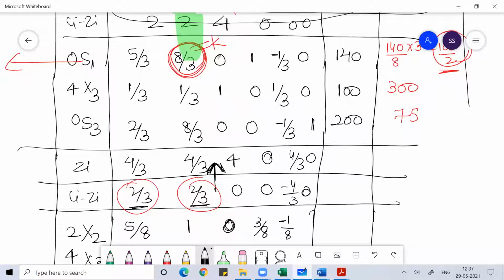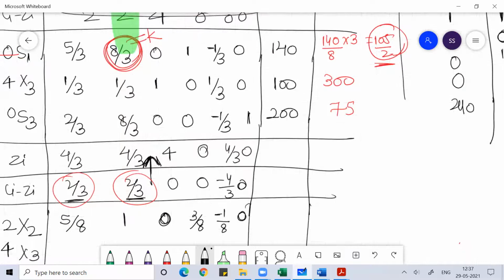The 3 cancels. This would be 0. And this 140 by 8 by 3 is 420 by 8, which is 210 by 4, which is 105 by 2, that is 52.5. Clear, everyone?